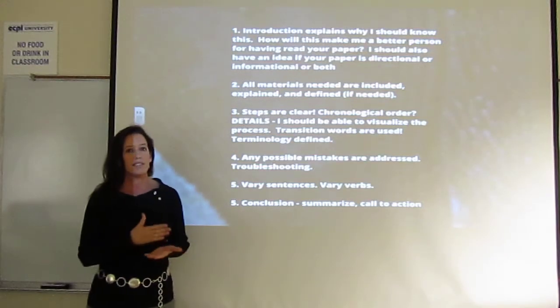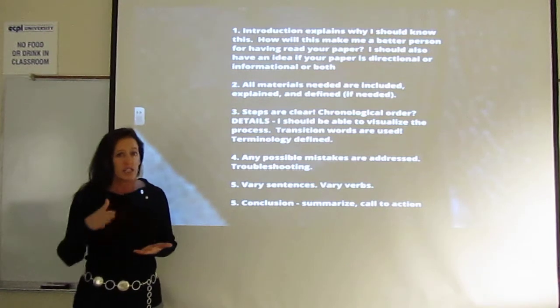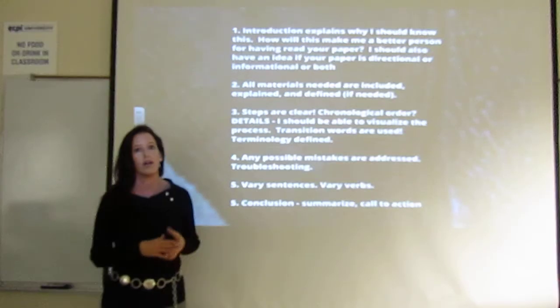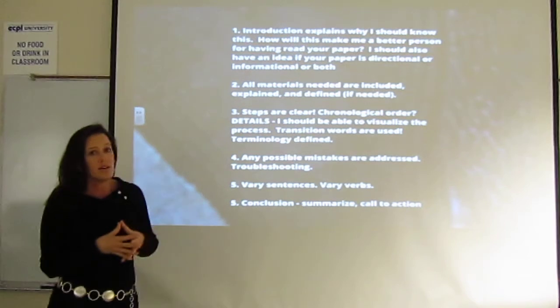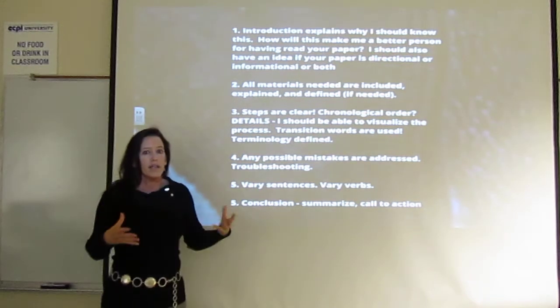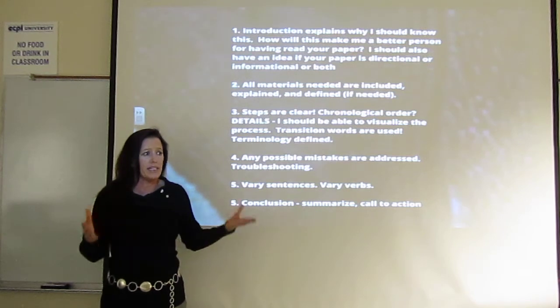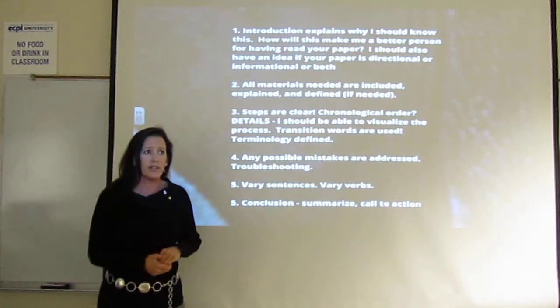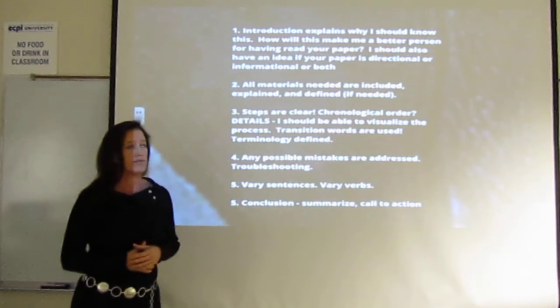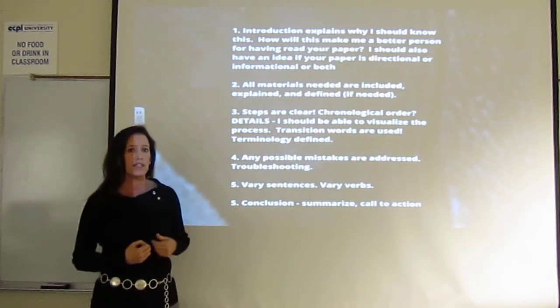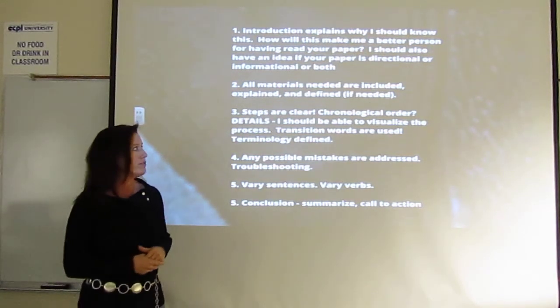So I'm going to need things defined clearly, location, tell me where things are in the car, and be very specific. If your audience was a bunch of students who are in mechanics and working on cars, then you're not going to have to provide those kinds of details. So consider your audience and consider what you need to define.